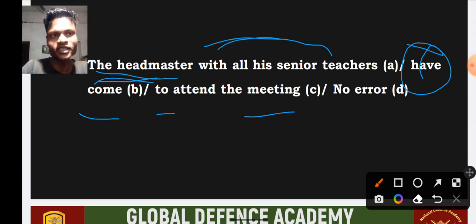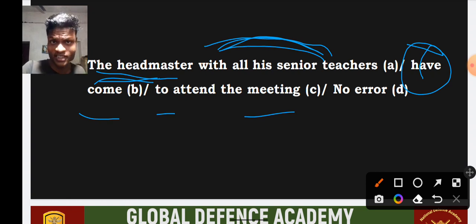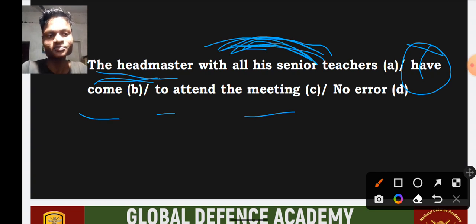This statement can also be written with the last section moved. Getting my point? So by this technique we have the subject the headmaster, and the headmaster is a singular subject.